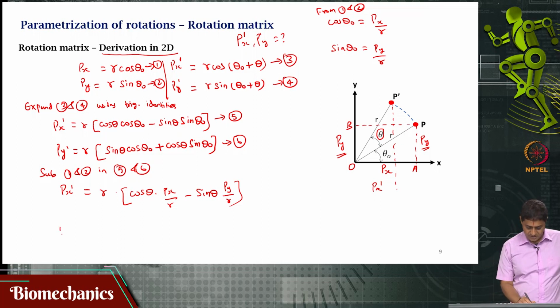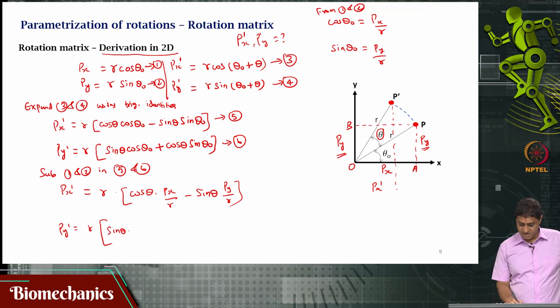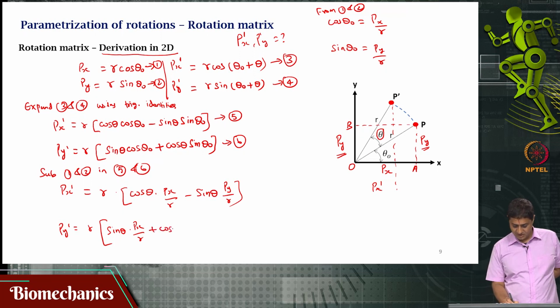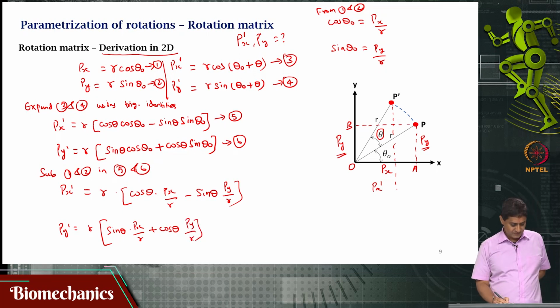Okay. Likewise, Py dash is r times sin theta, cos theta naught is Px by r, okay, plus cos theta, sin theta naught is Py by r. Is it not?